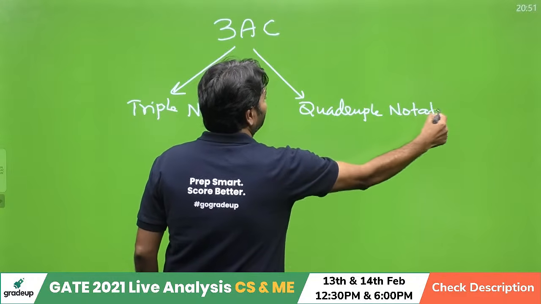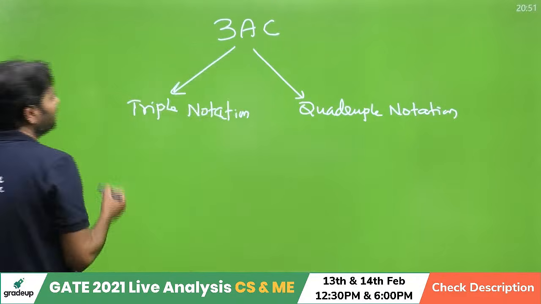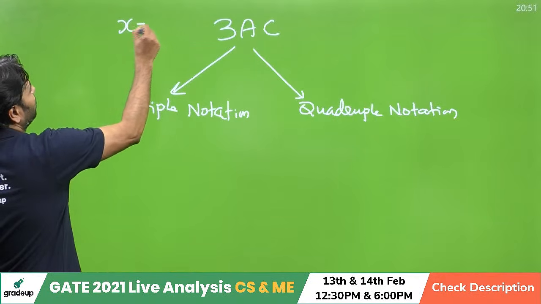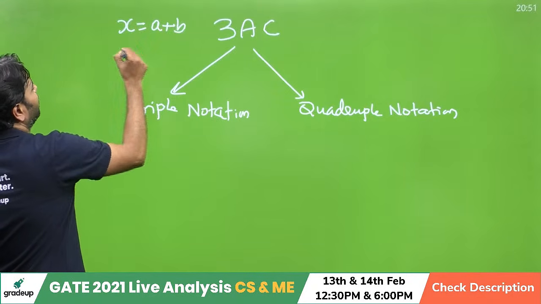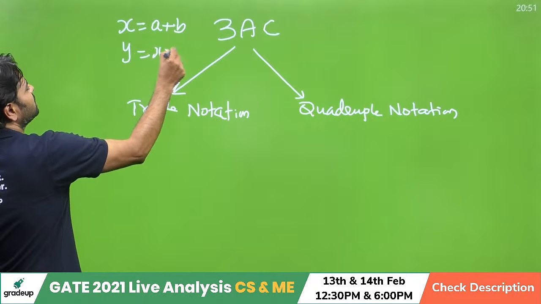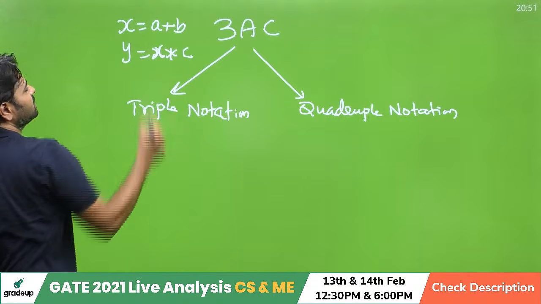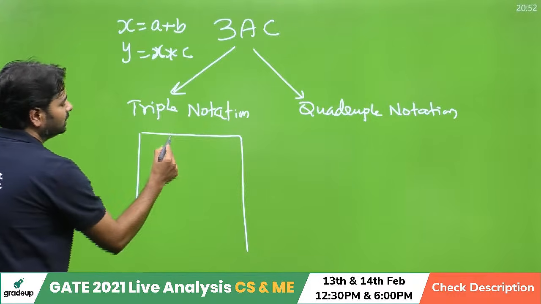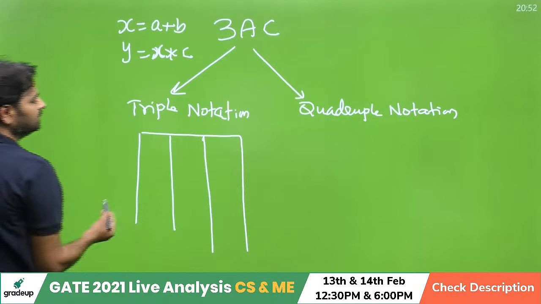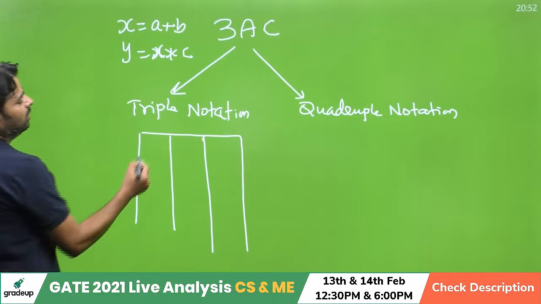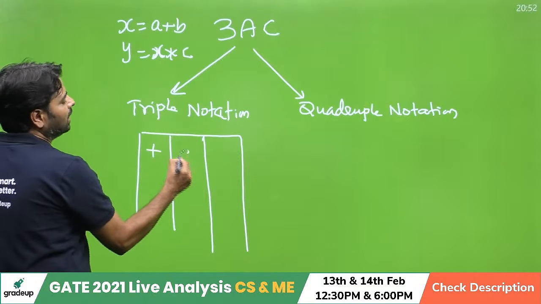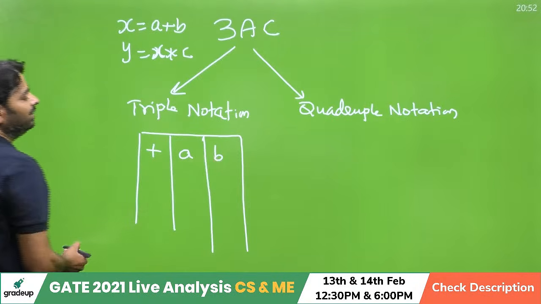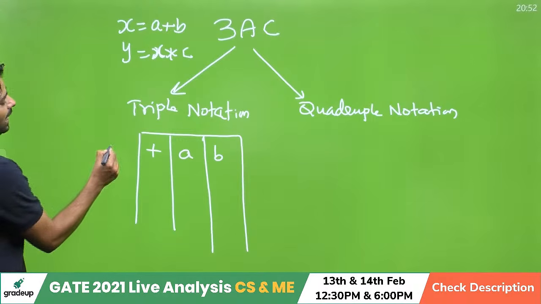Quadruple notation. Good. If you have a statement like x is equal to a plus b and y is equal to x star c, how do you define this using triple notation? In triple notation you have three things to remember: the operator, the left operand and the right operand. You don't have x, but an address.